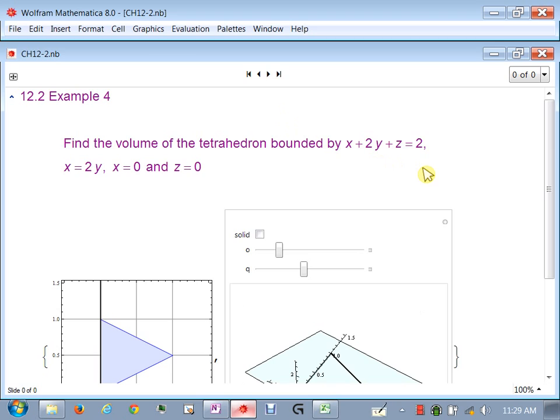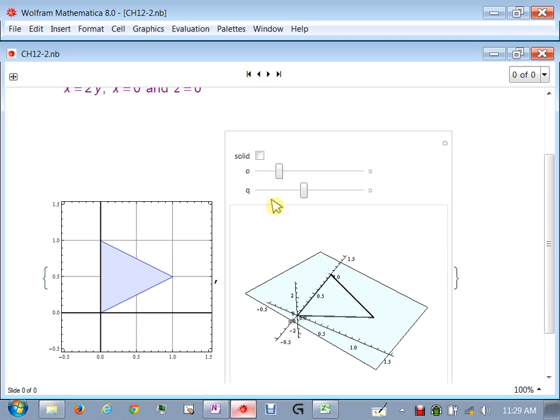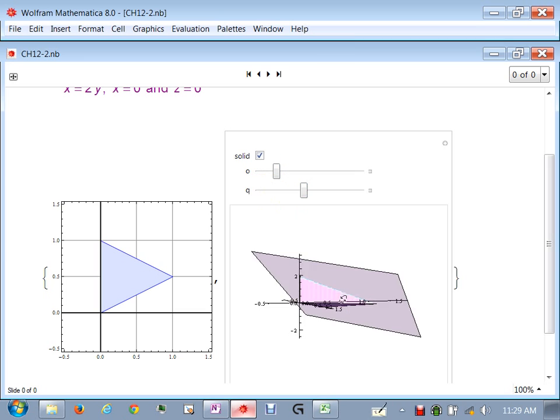Find the volume of the tetrahedron bounded by this. So we need to talk about what a tetrahedron is first. Kind of like a pyramid. Let me show you what the tetrahedron is. That's a tetrahedron right there.